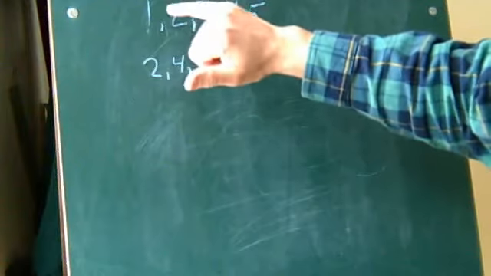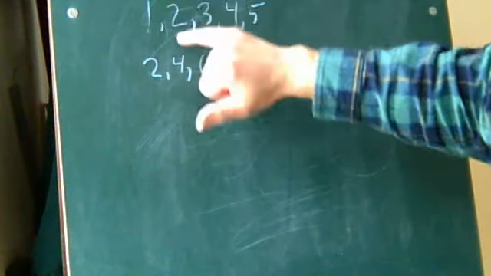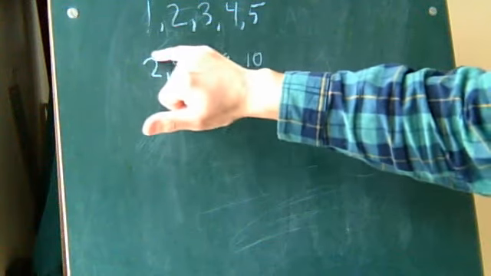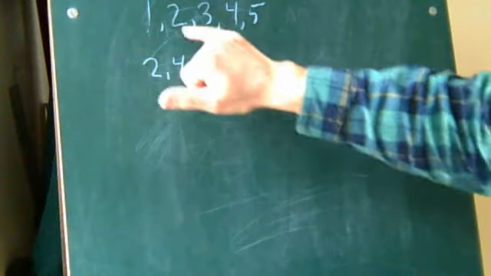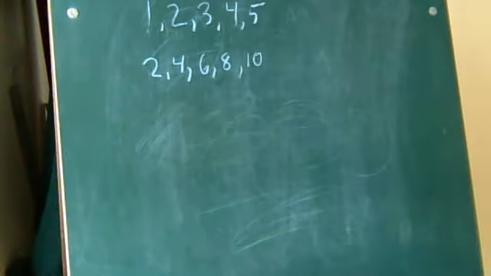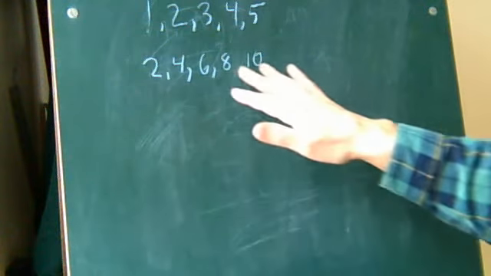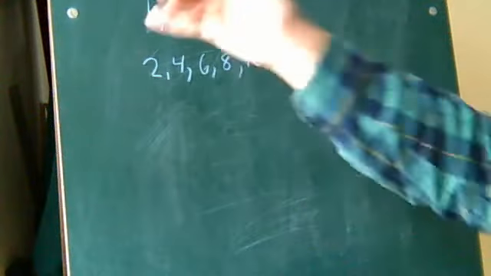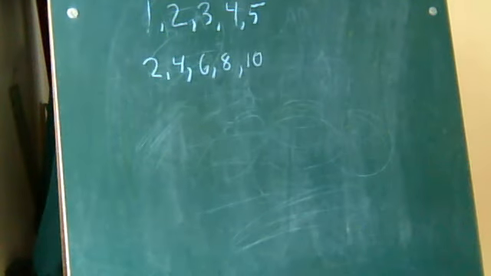The thing about the numbers is the difference between any two adjacent numbers is the same in the series. So this is a series where the difference is 2. Here's a series where the difference is 1. Both of these series have 5 numbers, but the number could be any number you want. And you could start wherever you want on a series. The series could go up, it could go down. Okay?